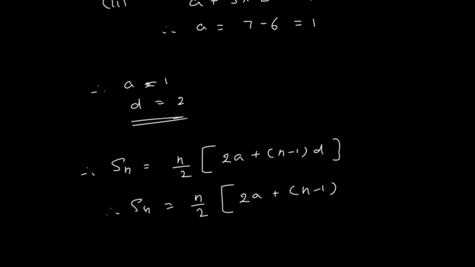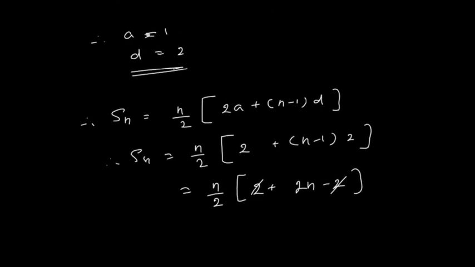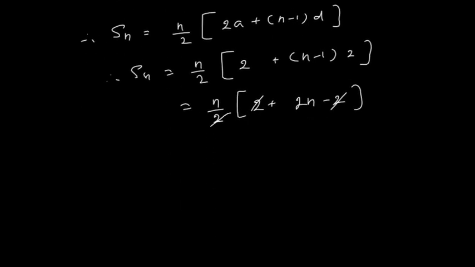We know the value of a as 1, so 2 plus n minus 1, and the value of d is 2. So we open this bracket, n divided by 2, 2 plus 2n minus 2. This 2 and 2 will cancel, and the 2 and 2 will cancel. So n into n, what we get? n square. So the value of Sn is n square.